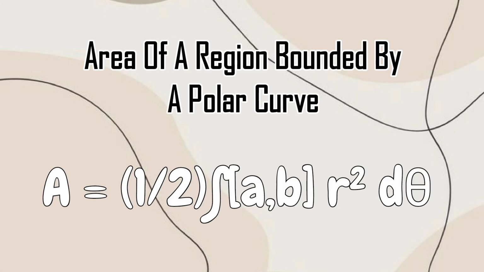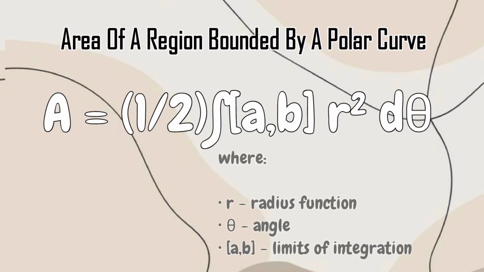To find the area of a region bounded by a polar curve, you need to use integration. Here is the formula for finding the area, where r is the radius function and theta is the angle. You integrate from theta equal to a to theta equal to b to find the total area between those angles.